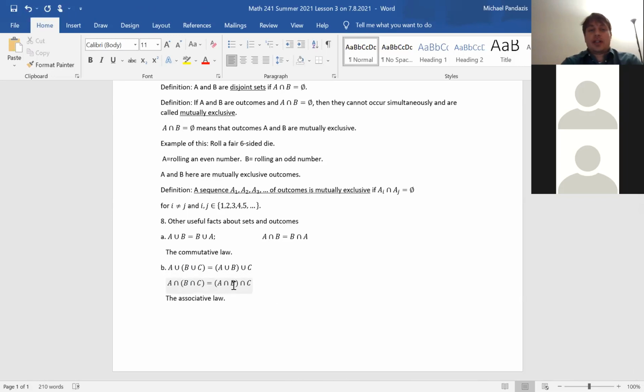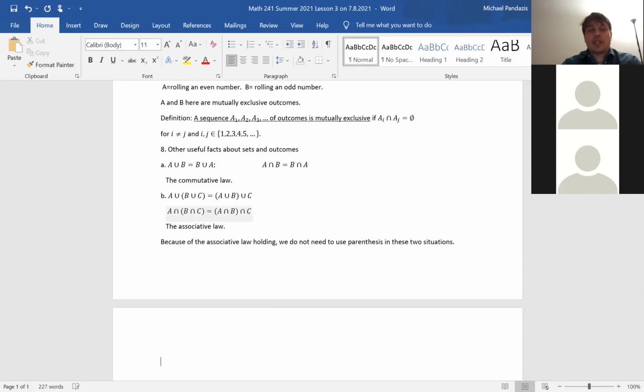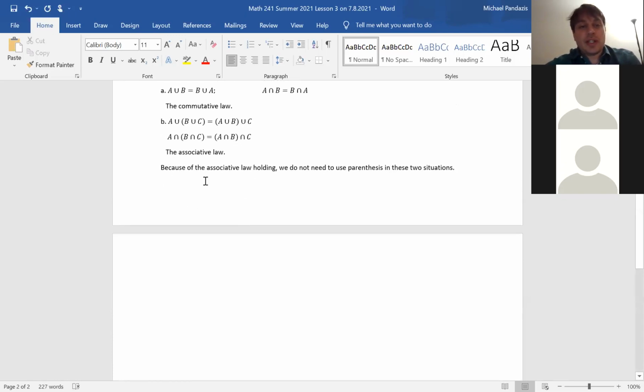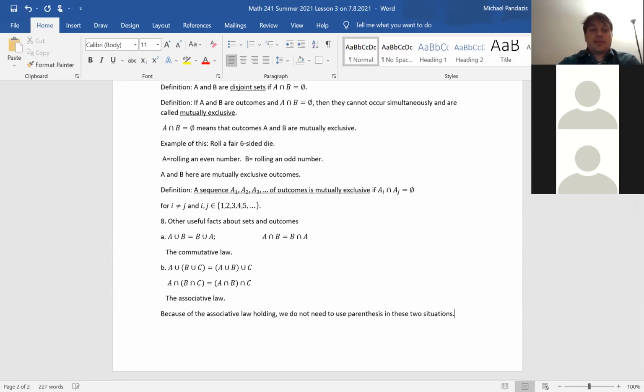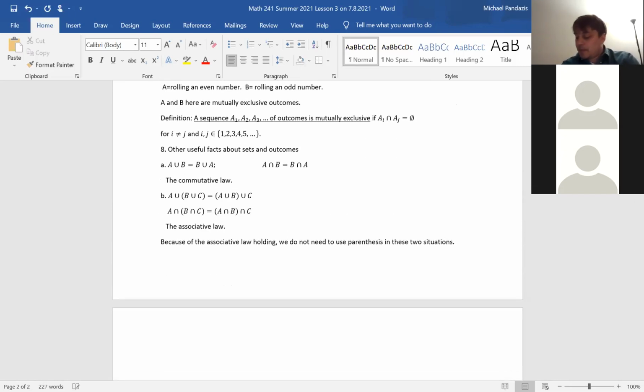Okay, so because of the associative law holding, we do not need to use parentheses in these two situations, right? In other situations, you need them, but when you just take the union of three sets or the intersection of three or more sets, you don't need parentheses in that situation.